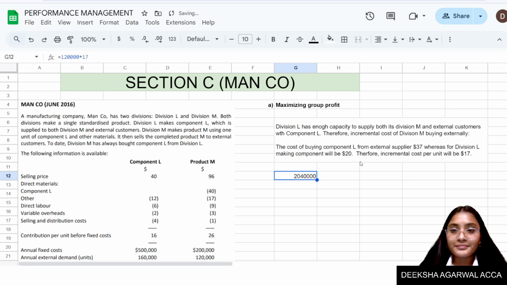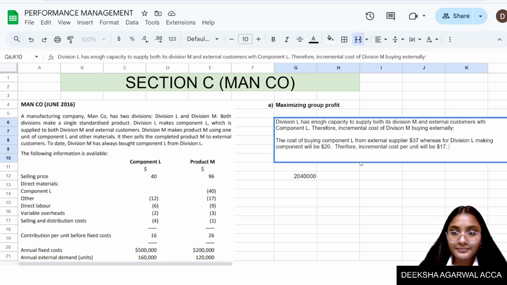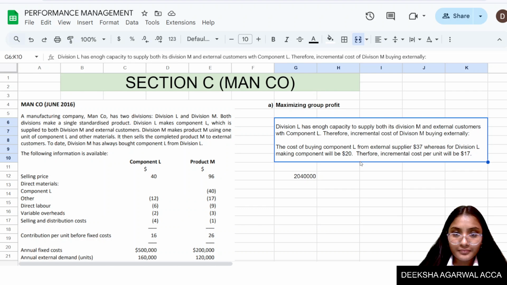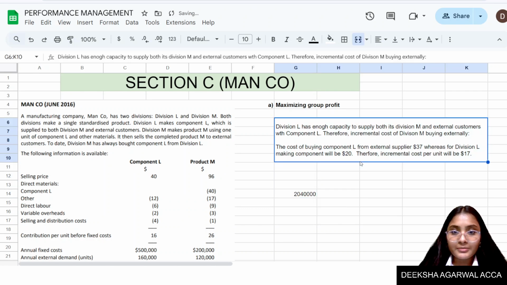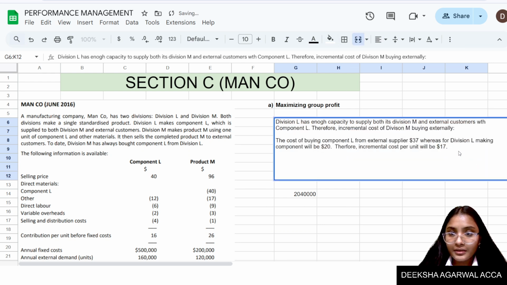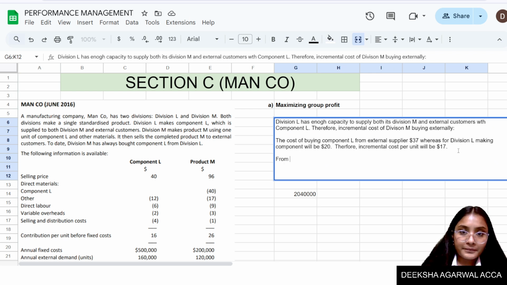So I am writing it as theory only. Group point of view means the organization as a whole.